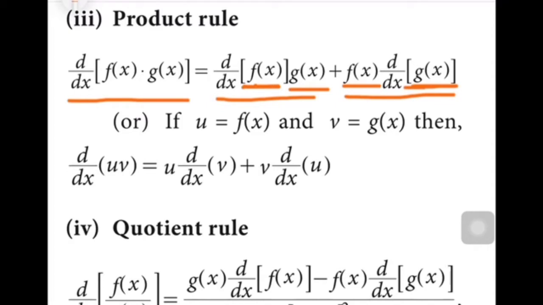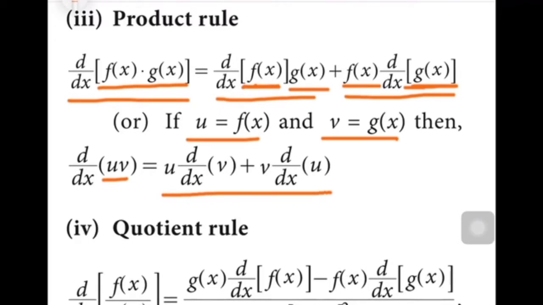Okay. So, while it is the product between two functions, we should use this rule. That is, u is a function, that is f of x, v is another function, that is g of x, then d by dx of uv is equal to u into d by dx of v plus v into d by dx of u.